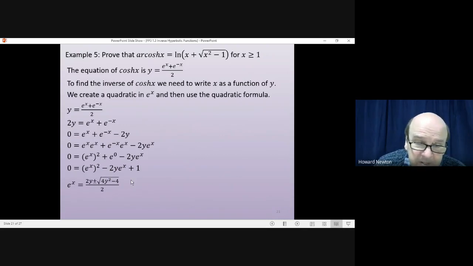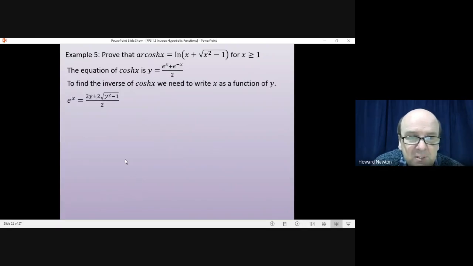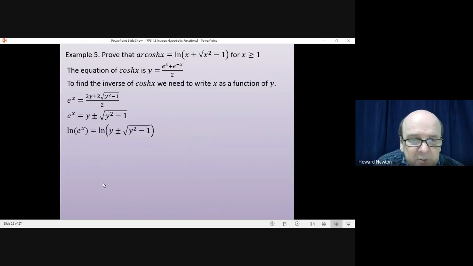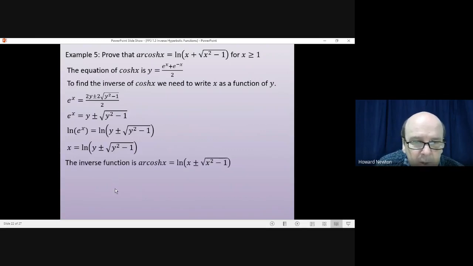Taking the 4 outside of the square root again gives us that. Dividing through by 2 will give us that. Now this time we'll press on before we worry about the plus and minus options. So taking the log of both sides gives me that, which means that x is equal to the log of y plus or minus the square root of y squared minus 1, which would be the inverse function.